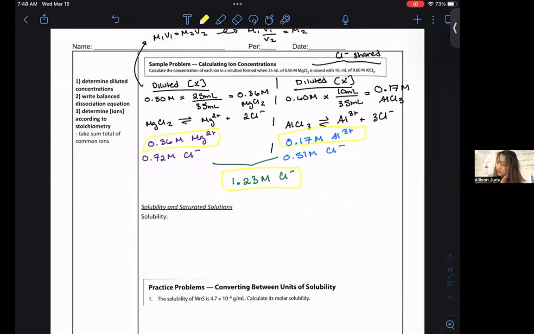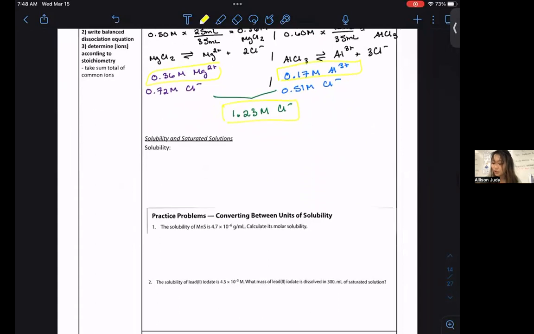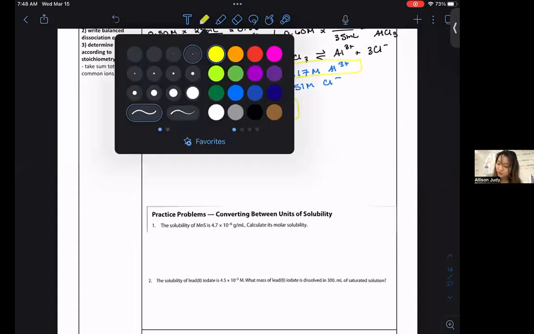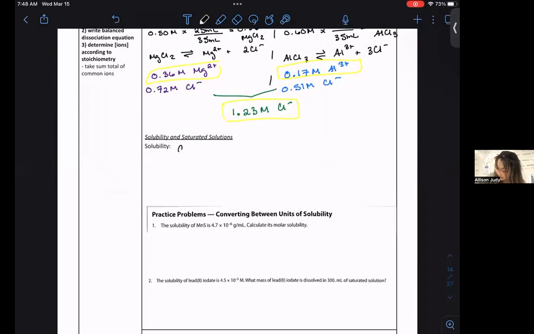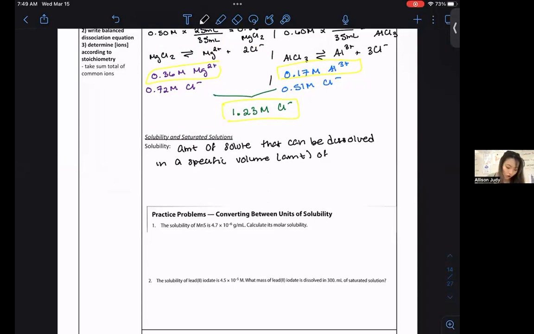Now that we know how to calculate ion concentration for a solution and how to account for dilution, let's remind ourselves of solubility principles. Don't forget, solubility is defined as the amount of solute that can be dissolved in a particular volume or amount of solvent.